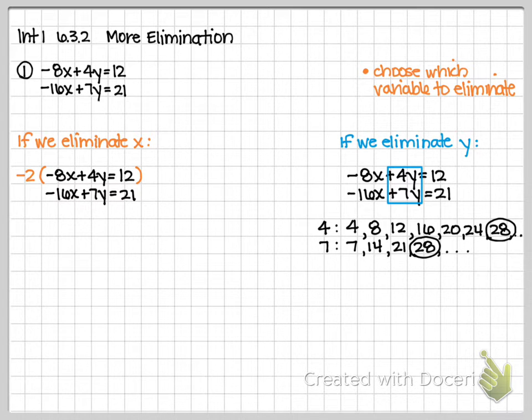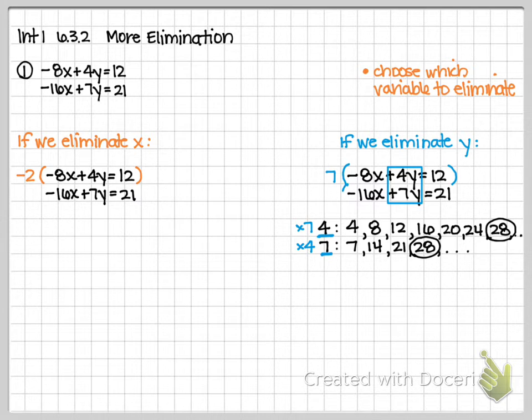If you have the 4, to get 28, we're going to have to times by 7. So the entire first equation is going to have to be times by 7 to get the 28. If I have a 7, well, I'm going to have to times by 4.